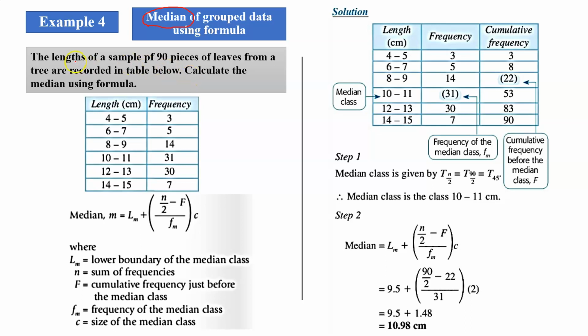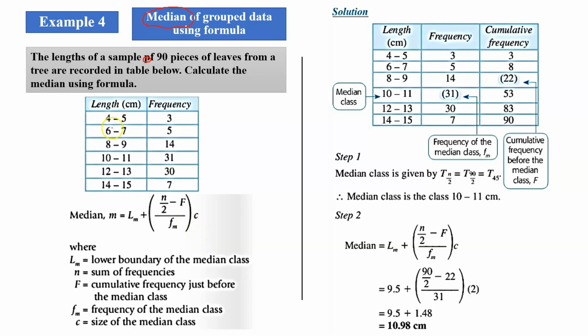Calculate the median using the formula. So which formula are we going to use? The one in the table before this, yang saya dah tunjuk tadi awal-awal dalam table yang bercolor tadi kan.